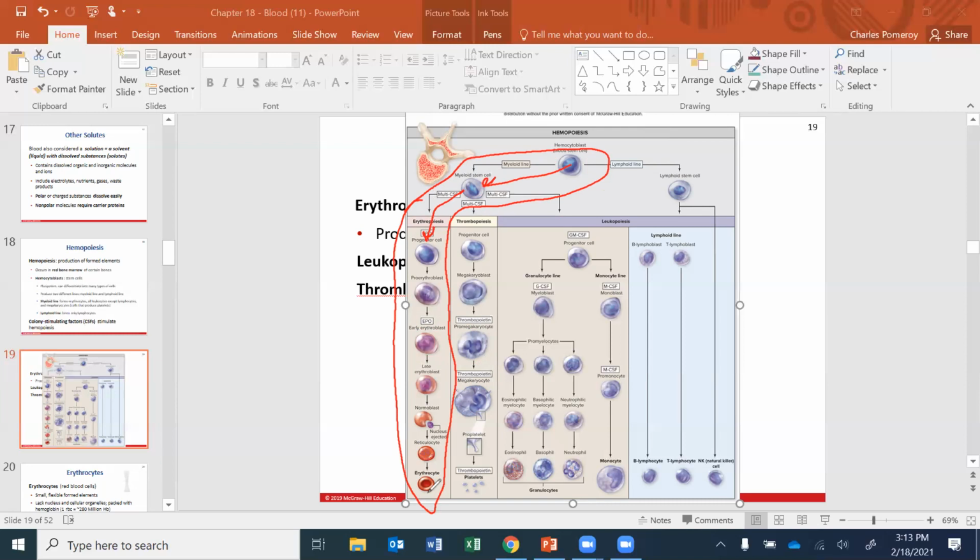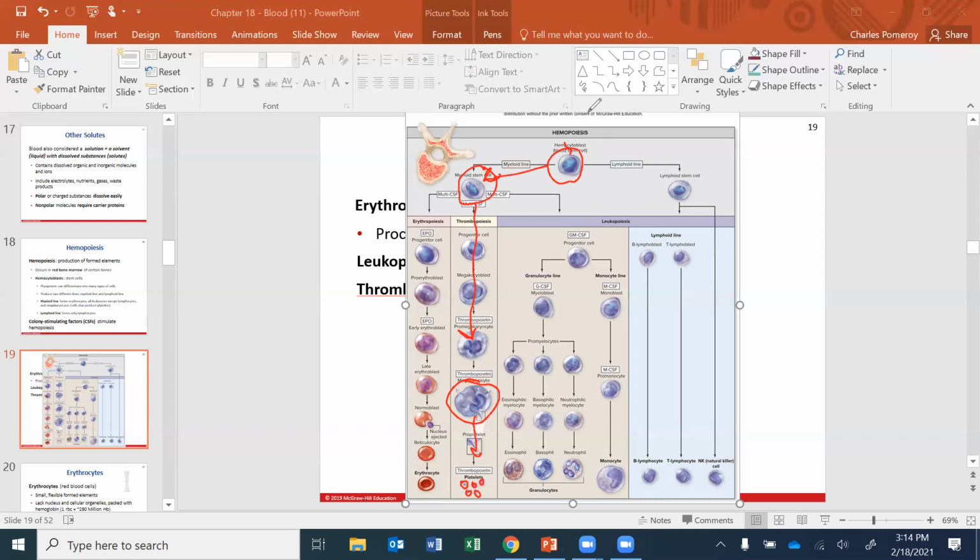We're going to get into that. If you're going to make platelets, then it goes from here to here, and then down this way, and eventually you get to this guy called a megakaryocyte. Then he pinches off little pieces of himself, and that's what platelets are. Platelets are not cells. Platelets are pieces of cells.